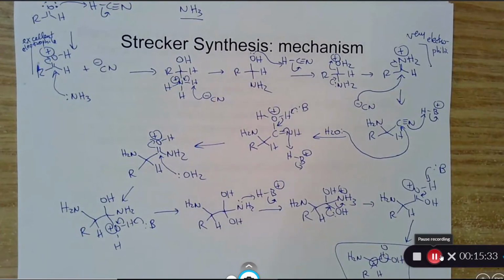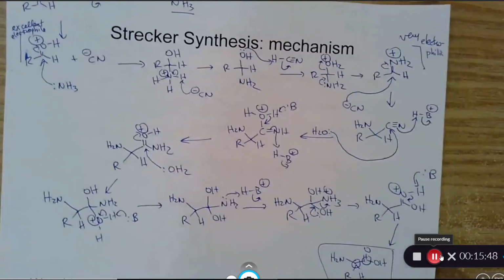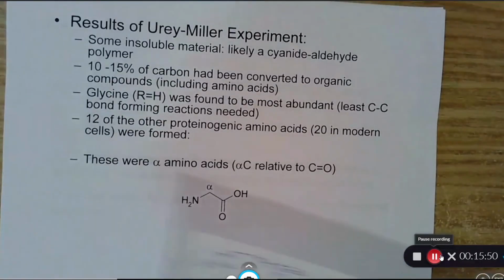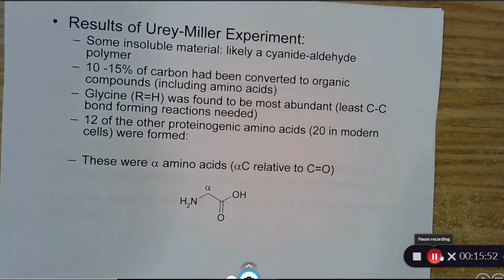So this is known as the Strecker synthesis. It's a well-known reaction. It's actually used industrially to make a wide range of amino acids, and it's used today for various companies to synthesize these as chemical precursors for researchers.